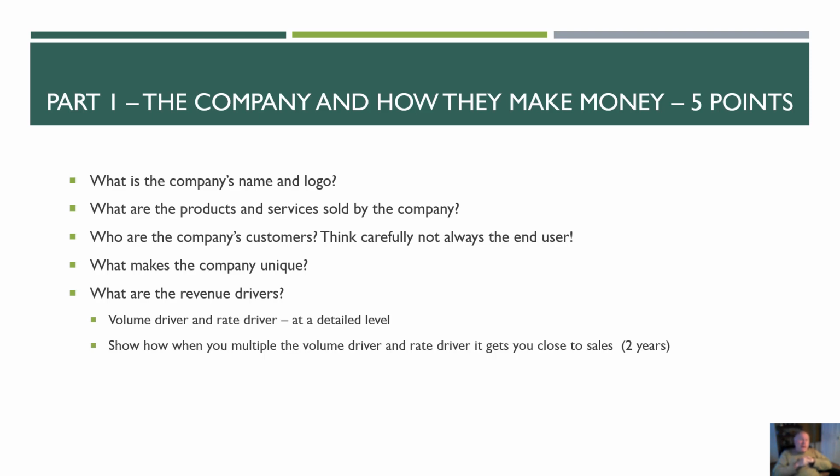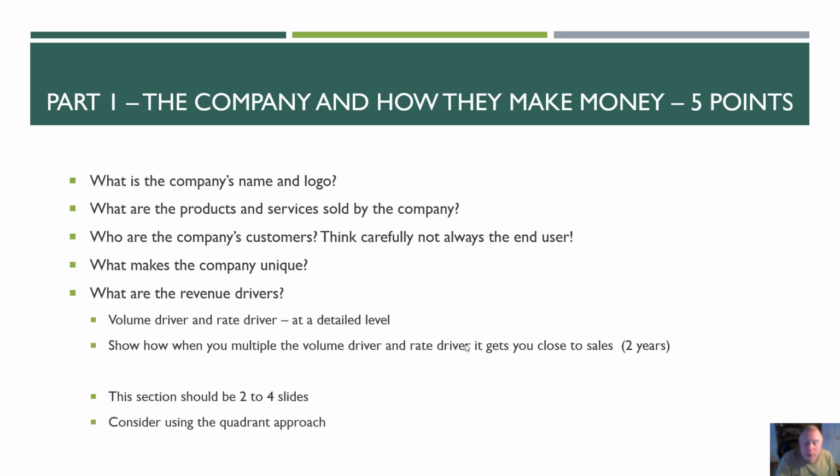Then, once you identify that, prove that it's correct. You can prove that it's correct by taking your volume driver and rate driver to get you close to sales. And you would do this for 2 years. And this should be 2 to 4 slides.